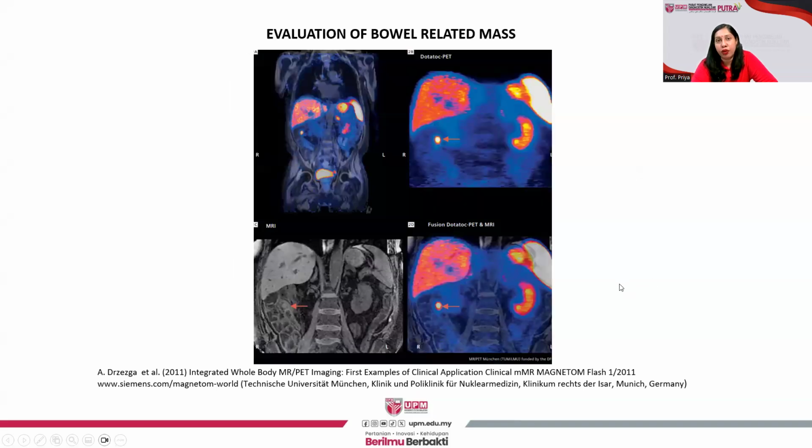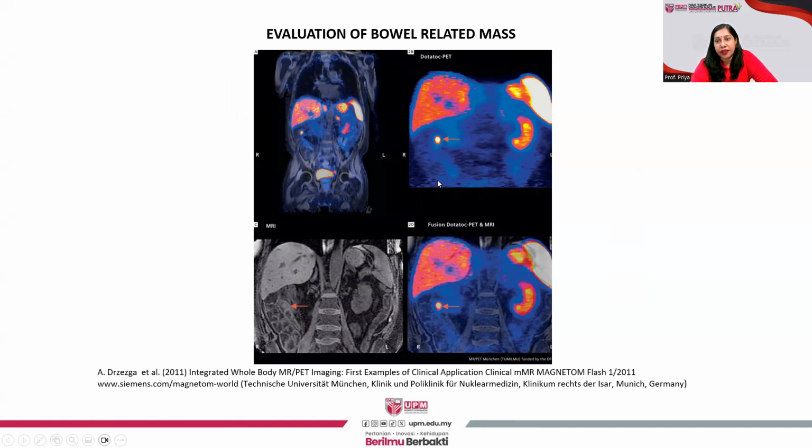Another example of the utility of PET-MR in a clinical setting is a patient who had abdominal pain. This patient was noted on MR to have a solid lesion in the terminal ileum.